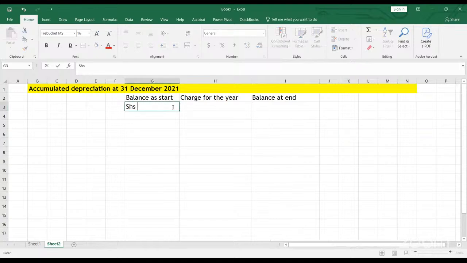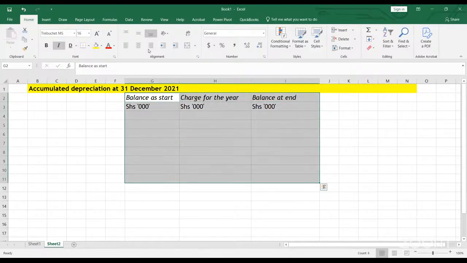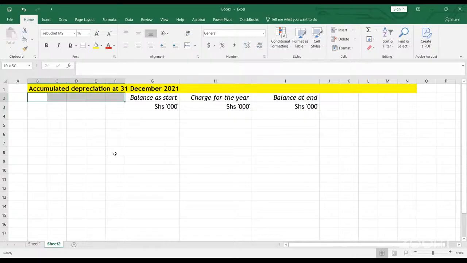Let's compute it from here. This is shillings, in thousands. Just compute it from here. Very fast.